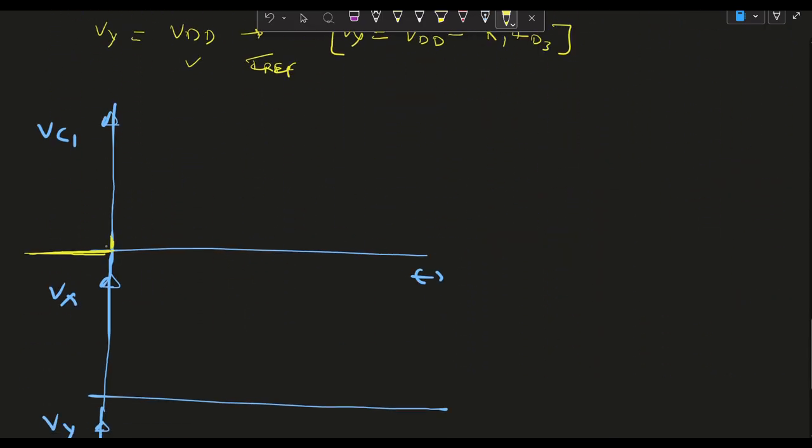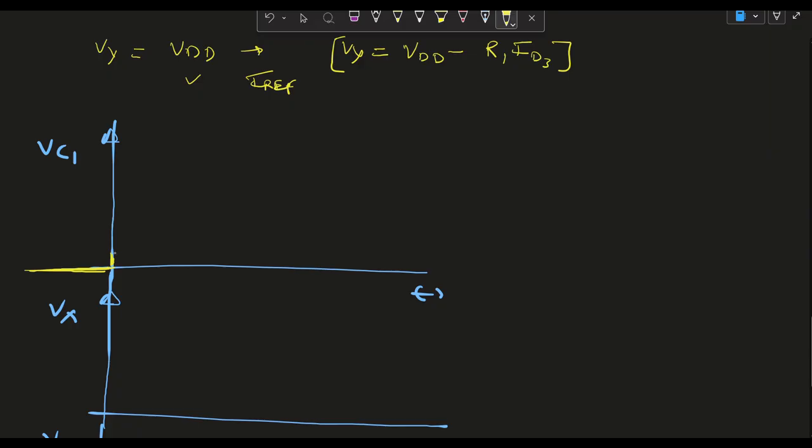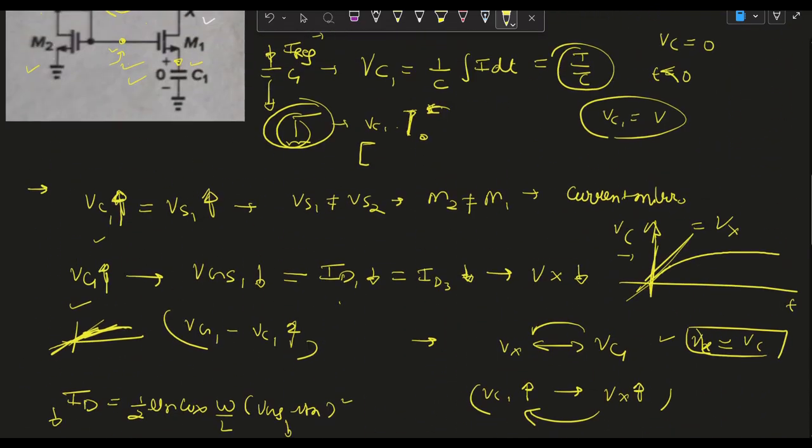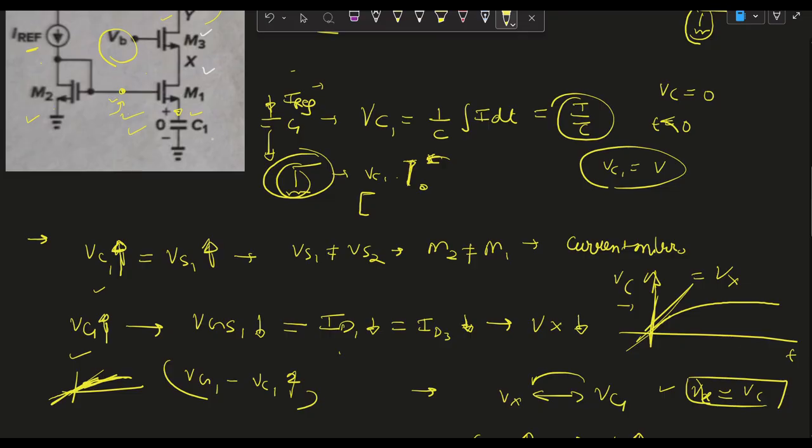After that it will follow an exponential curve, which is like this, and it will attain some voltage. What will be the maximum voltage VC1 achieves? Assume VC1 increases so much that it will put this MOSFET M1 in the cutoff region.